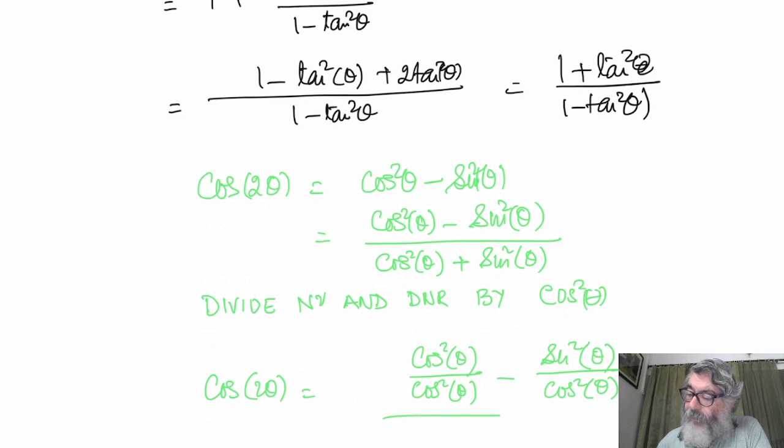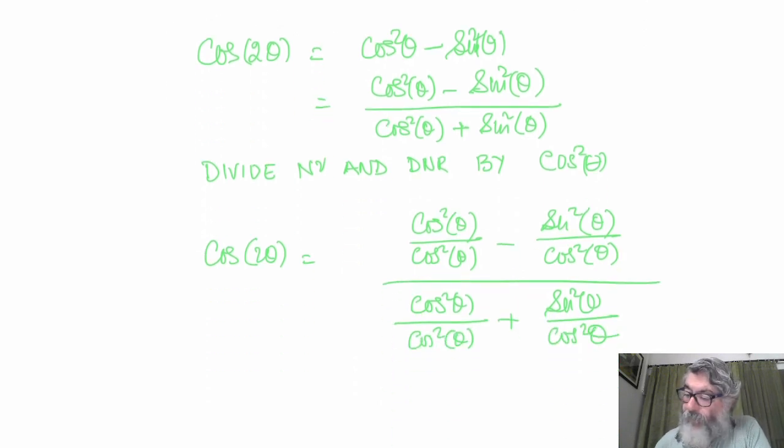Similarly, in the denominator, I will get cos square theta upon cos square theta plus sin square theta upon cos square theta. So I'll get cos 2 theta equal to 1 minus tan square theta over 1 plus tan square theta.